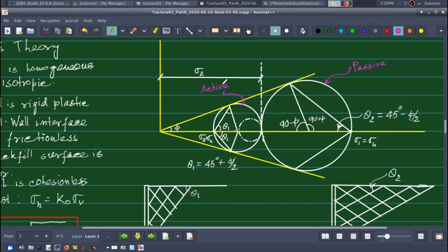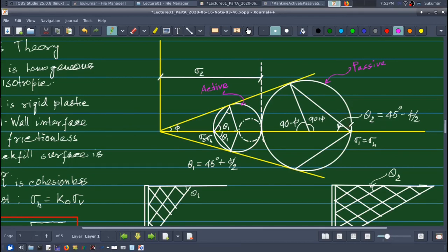So you can see that soil can fail in loading, that means increasing sigma 1, or even unloading, that means decreasing sigma 1. And this shows that earth pressure at rest is in between the active pressure and the passive pressure. So the minimum pressure at failure that is necessary is the active earth pressure.